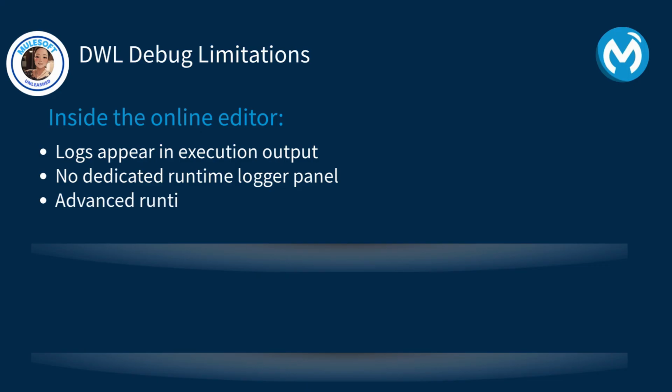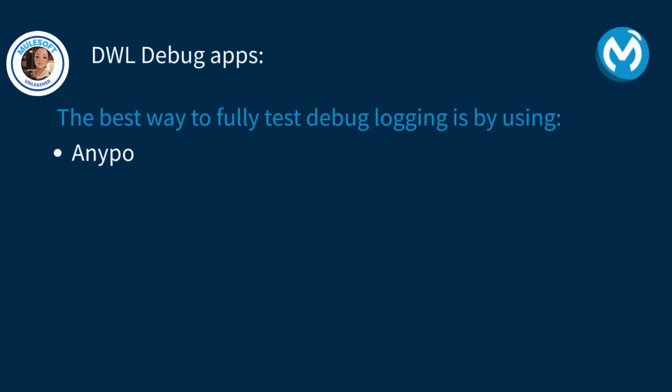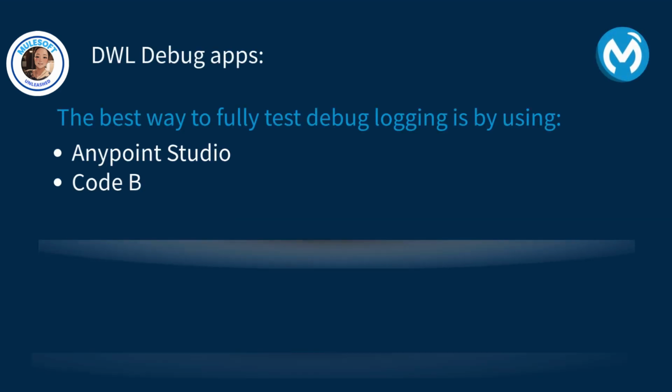Since the official online DataWeave Playground does not provide a dedicated debug logging console like Mule runtime logs, there are some limitations. Inside the online editor, logs mainly appear as part of the execution output. There is no dedicated runtime logger panel. Advanced Mule runtime logging configurations such as log4j2 XML, logger categories, and debug level settings are not supported.